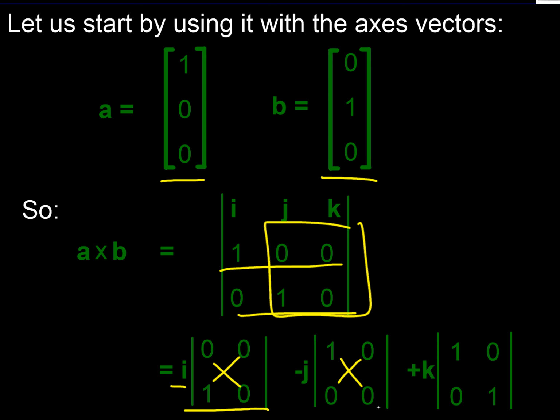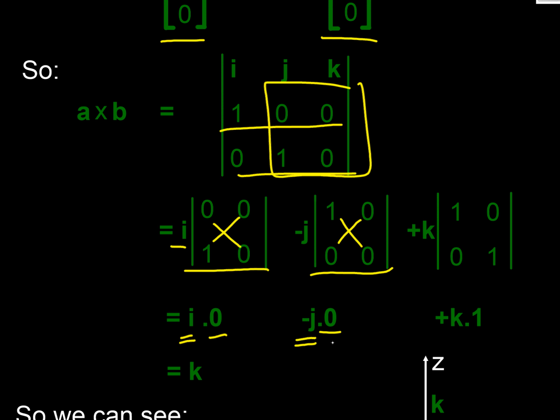So again, I've got a determinant of 0 there. So I've got 0 lots of I and 0 lots of J. But if I look finally at the third component, well, I've got 1 times 1, take away 0 times 0. So this determinant is 1. So that's telling me I've got 1 lot of K. So A cross B here gave us K.